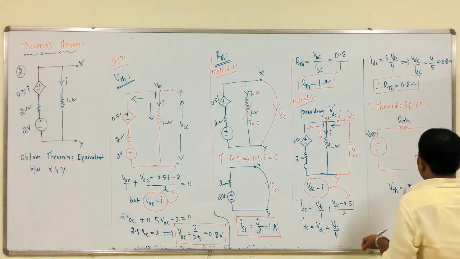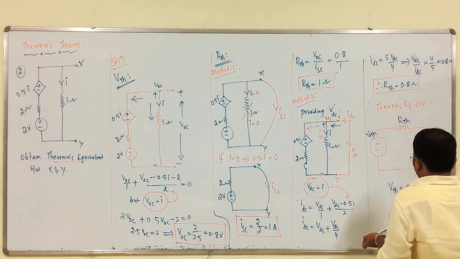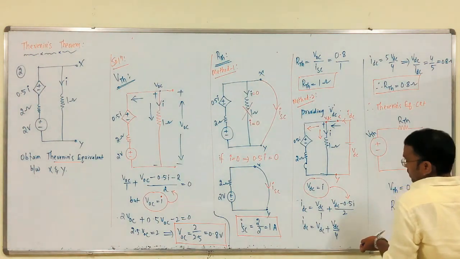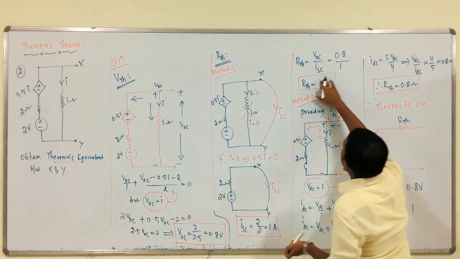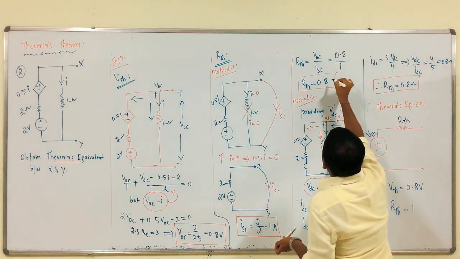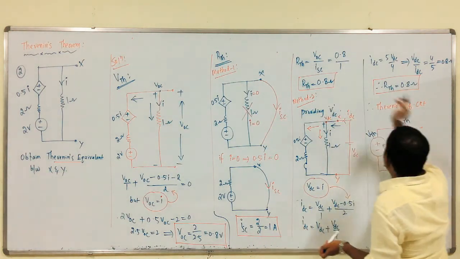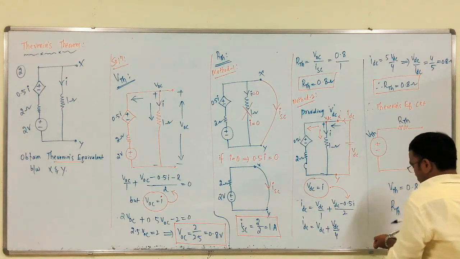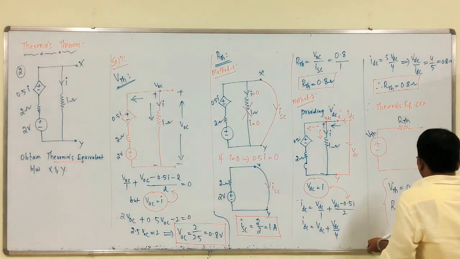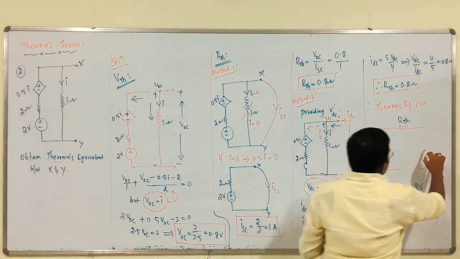What is the value of VTH? 0.8 volts. RTH is what? Sorry, 0.8 ohms, right? 0.8 by 1, 0.8. That's it. So, this is the Thevenin's equivalent circuit.